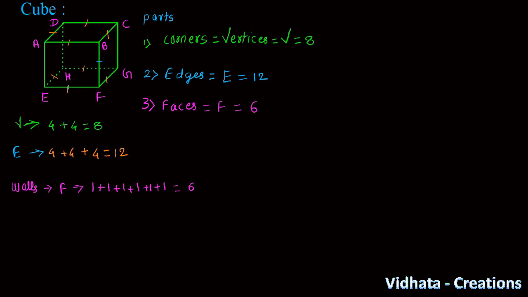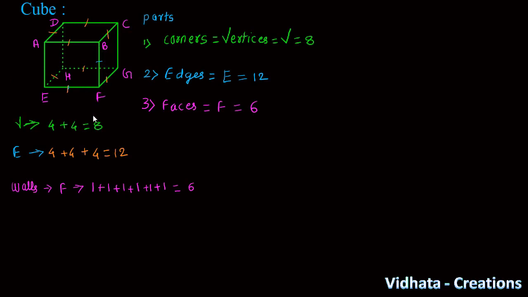Now, such type of figures, like this cube type of figure that we have, are figures that have flat surfaces. If you observe the faces, which we call walls: right hand side wall, left hand side, front side, back side, top and bottom.